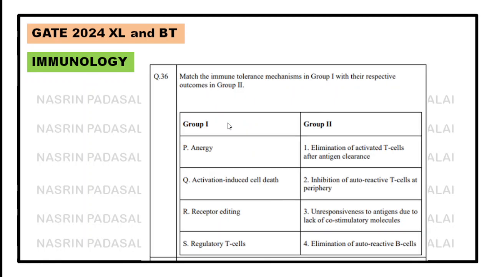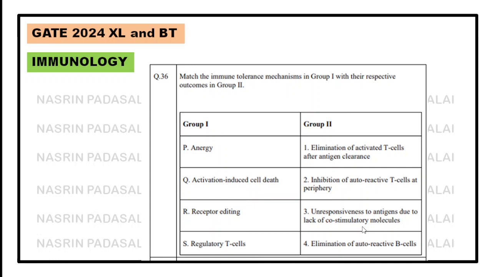Next question is a match the following type of question. Match the immune tolerance mechanisms given here with the respective outcome. So first is anergy. Anergy means unresponsive to antigen due to lack of co-stimulatory molecule. Anergy is the opposite of energy.